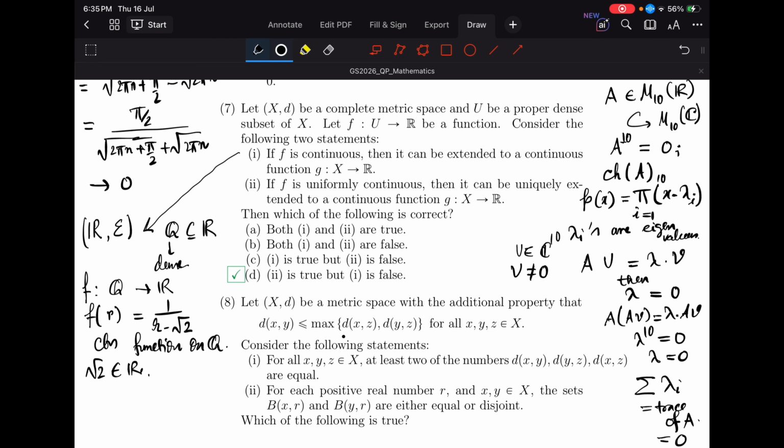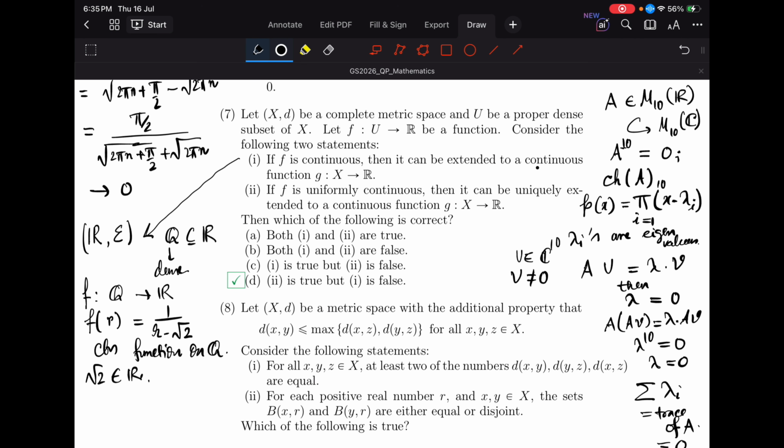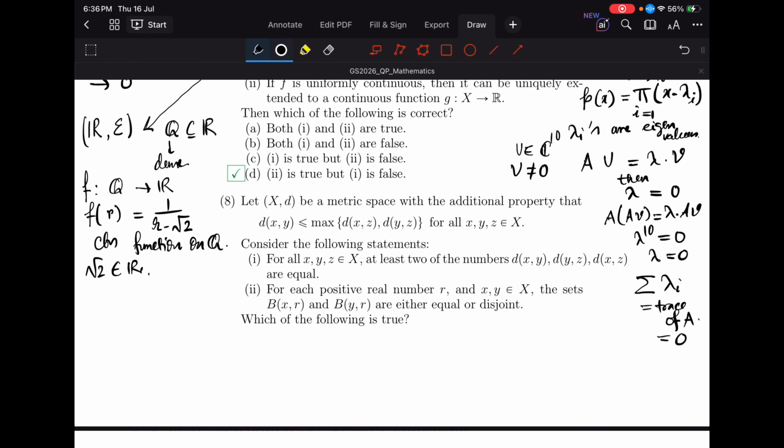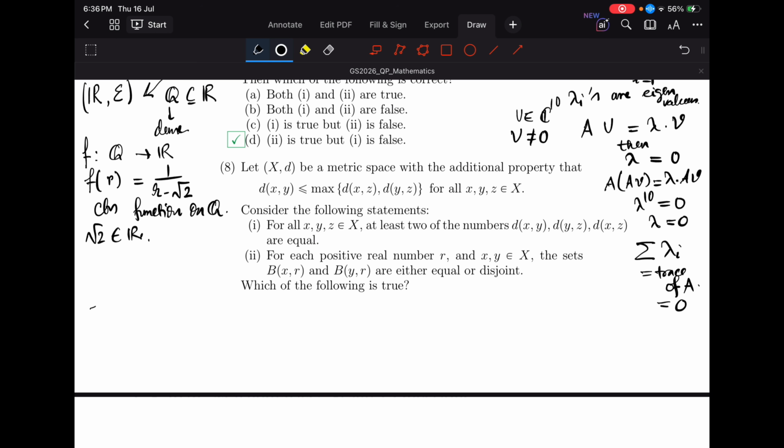So this option, that it can be extended to a continuous function from X to R, is not correct. Okay, now let us assume that f from U to R, where U is dense, is uniformly continuous. So what does this uniform continuity give you?